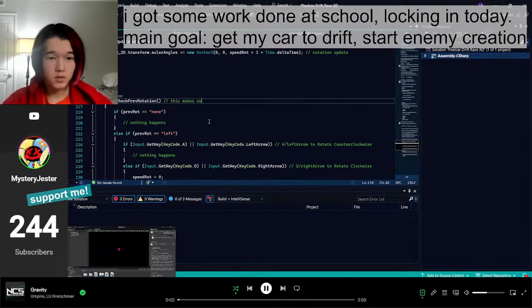This makes sure the speed rot reset carries over when you switch keys without fully letting go.